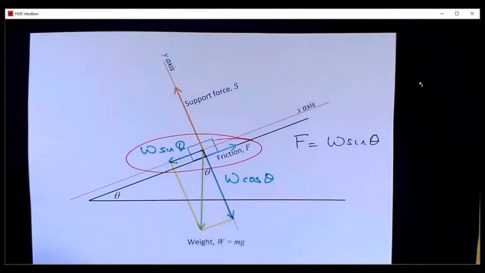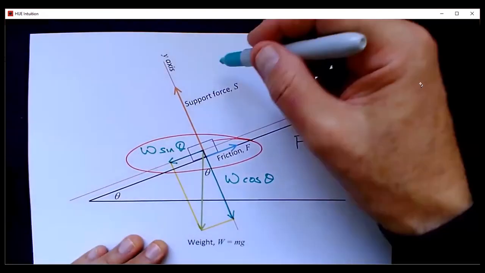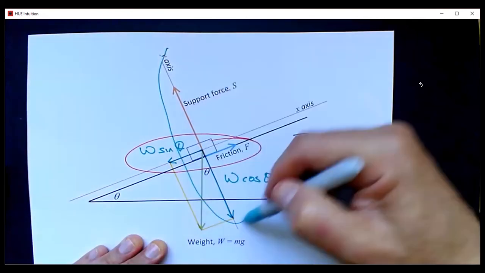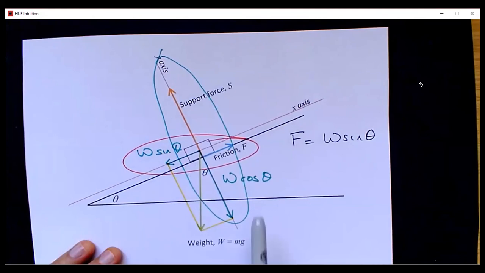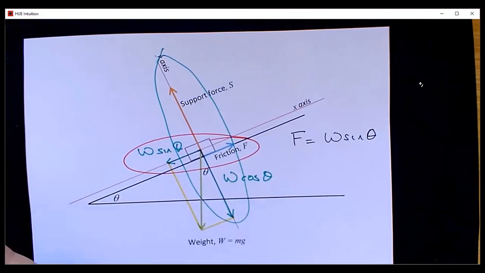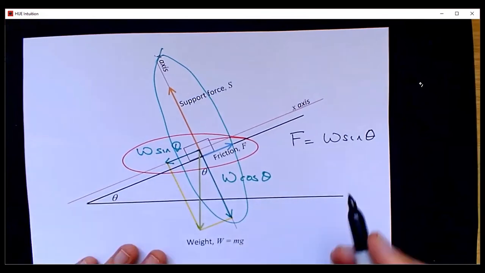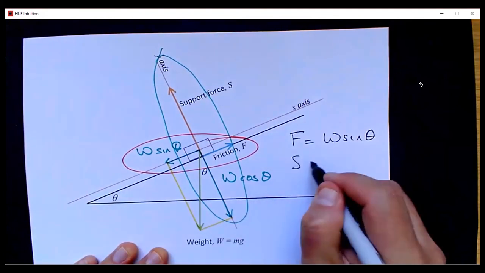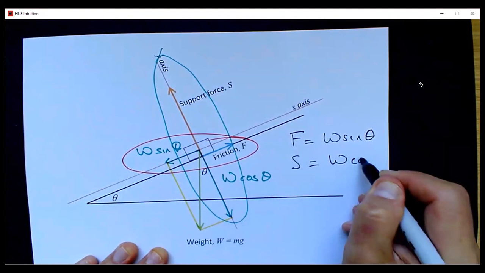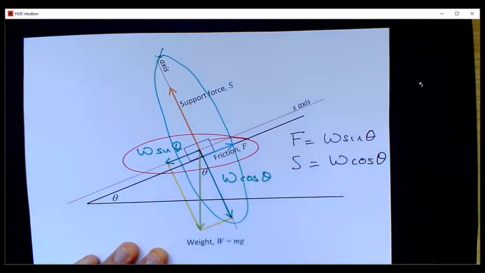And in addition, the forces going at right angles to the slope upwards must equal the forces at right angles to the slope going downwards. So these forces must be equal. The support force S must equal the component of weight at right angles to the slope, and consequently S must equal W cos theta.